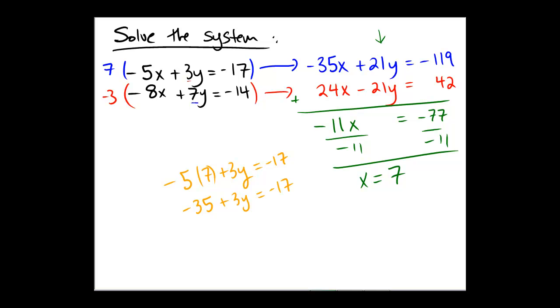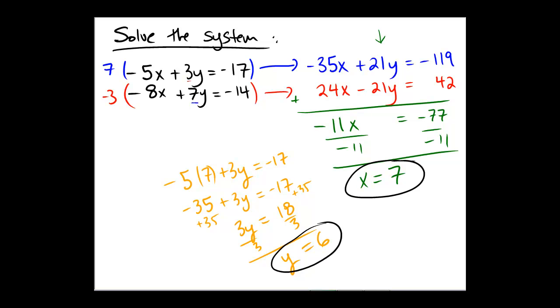And if you add 35 to both sides, you would cancel on the left, and on the right you would be left with positive 18. And all I'm doing there is adding 35 to both sides. And then finally, dividing by 3 would give us y equals 6. So the two answers are the x-coordinate would be 7, and the y-coordinate would be 6.